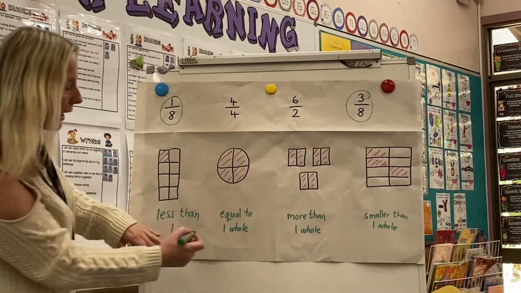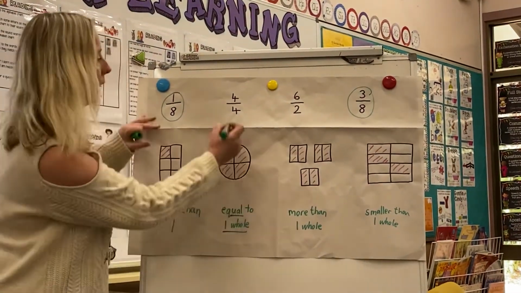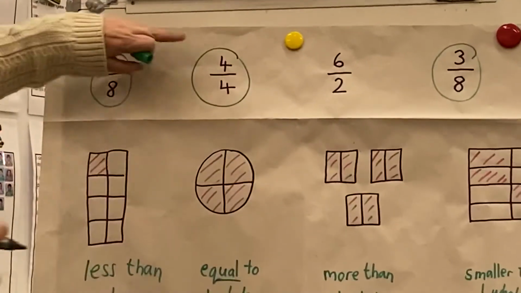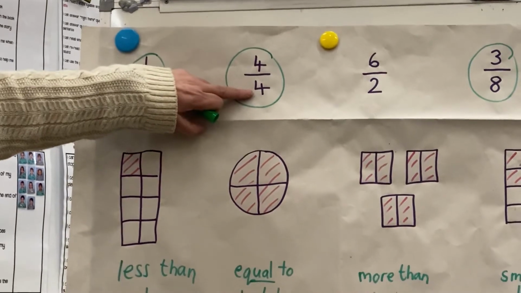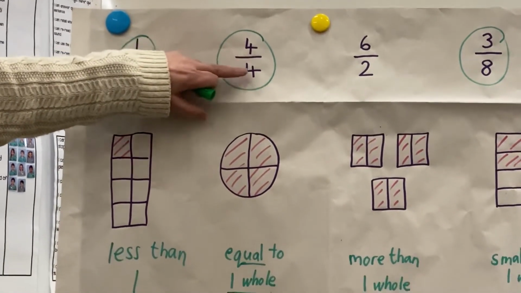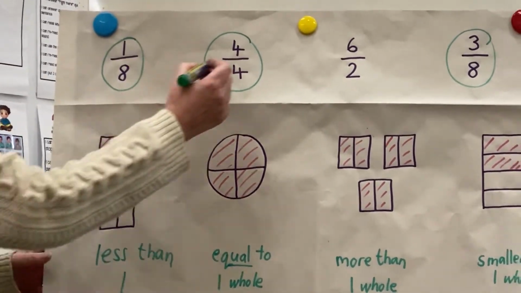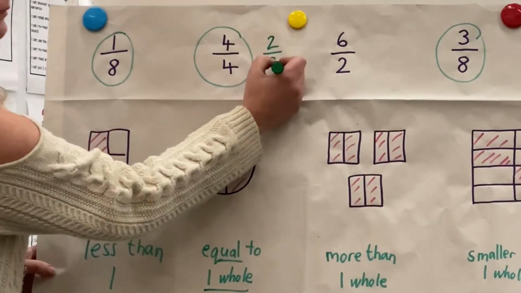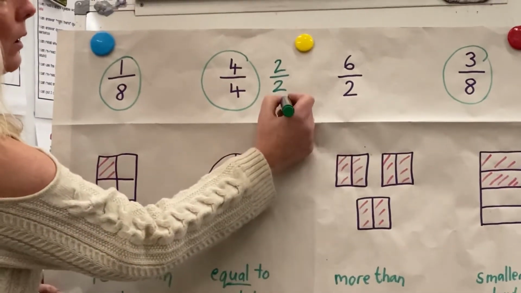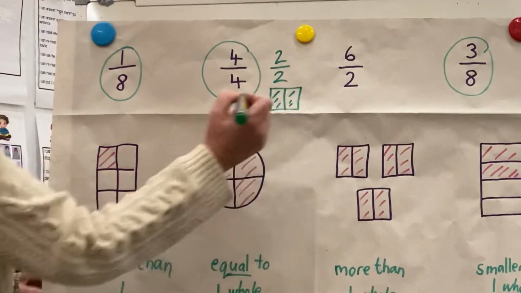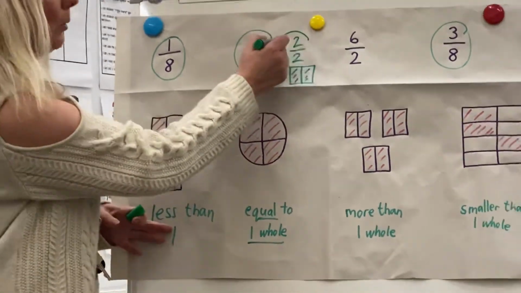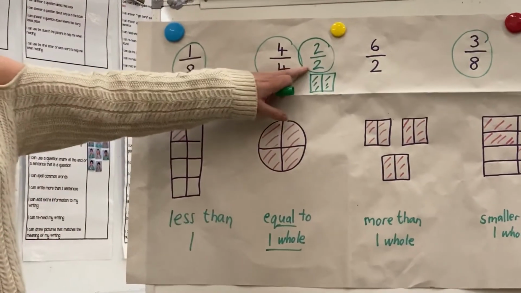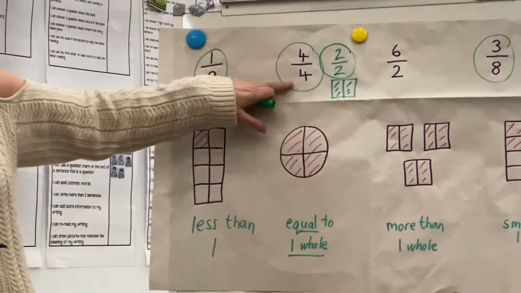When fractions are equal to 1 whole, like this one, 4 out of 4, the fraction is the same as 1 whole because 4 out of 4 are coloured in. If it was halves, it would be 2 out of 2 are coloured in. So when the fraction is equal to a whole, the numerator and the denominator have to be the same number.